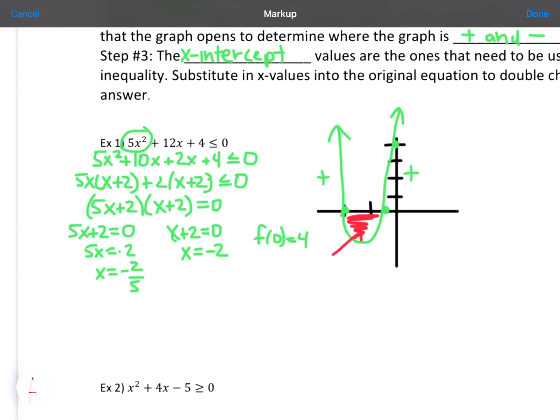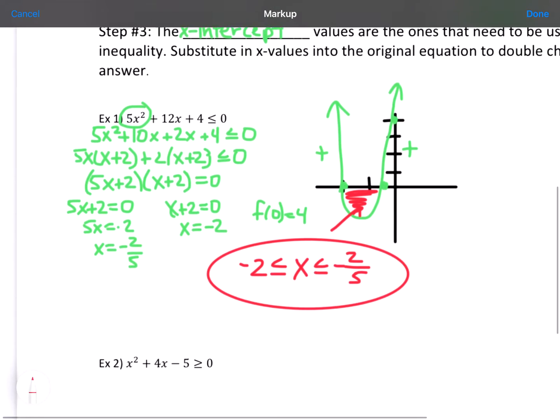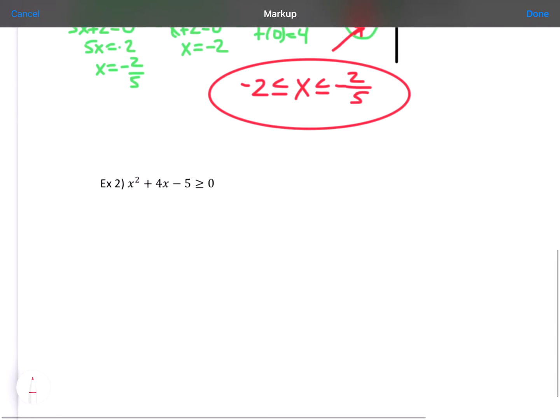So it's between negative 2 less than or equal to x, and x less than or equal to negative 2/5, because it is less than or equal to. All right, so that's our first answer, negative 2 less than or equal to x less than or equal to negative 2/5.